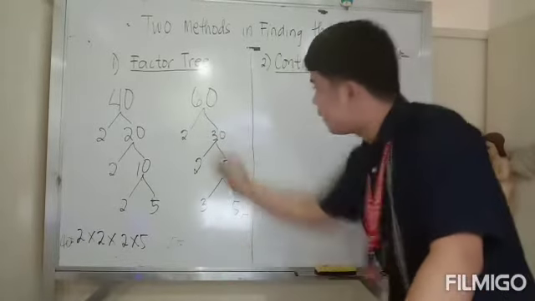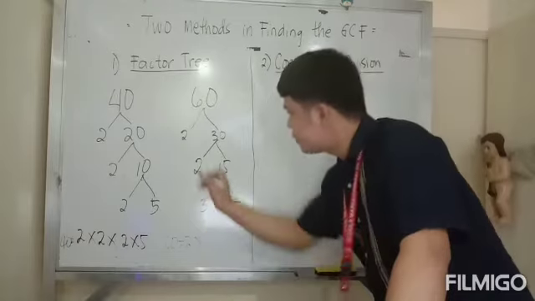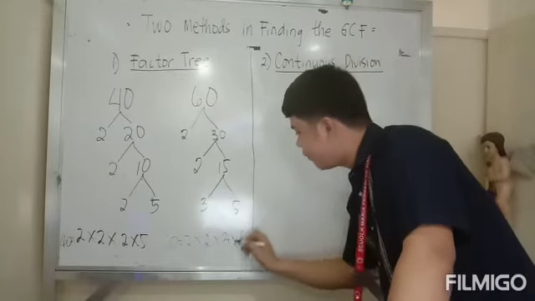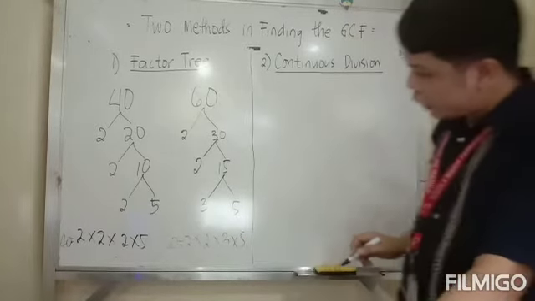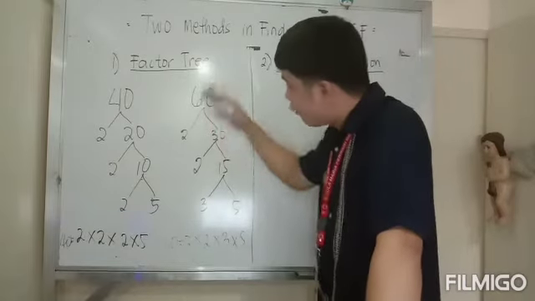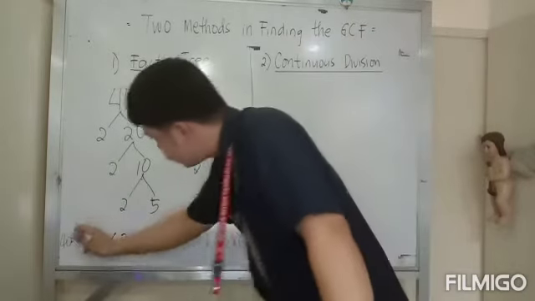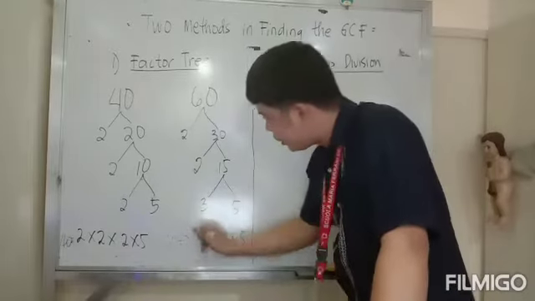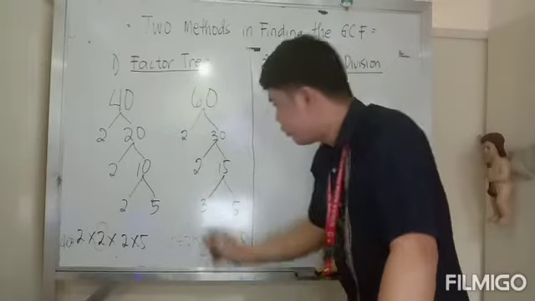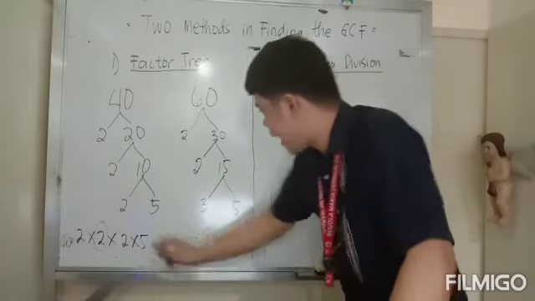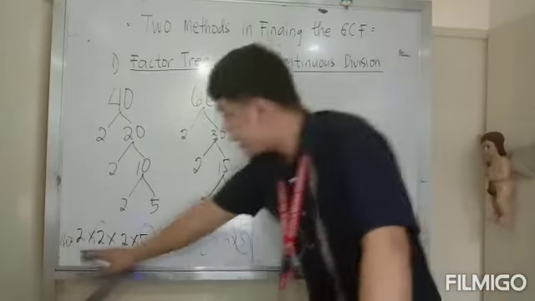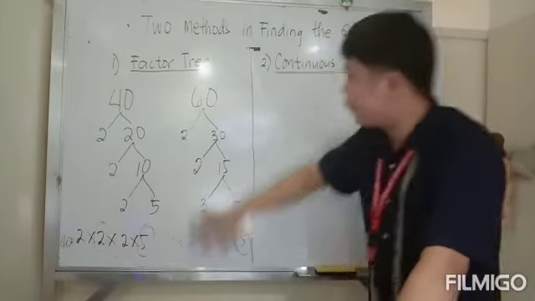Then you're going to write 2 times 2 times 3 times 5. So you're going to circle all the common factors of 40 and 60. The first one is 2; we have 2 also here, and next we also have 2 and 2, then we have here 5. Both of them have 5. So these are the common factors of 40 and 60.